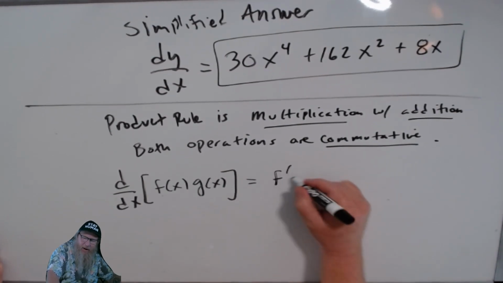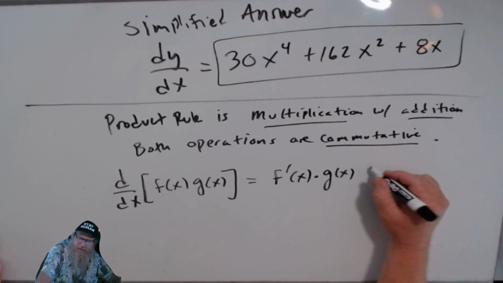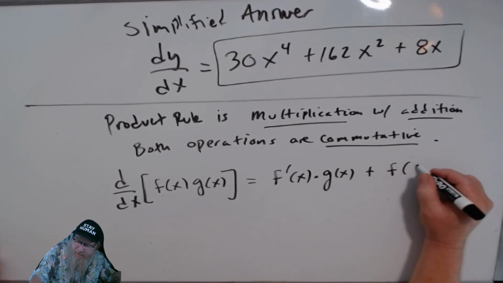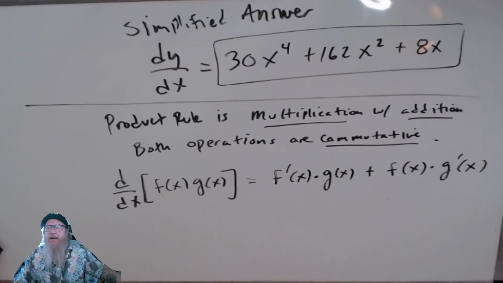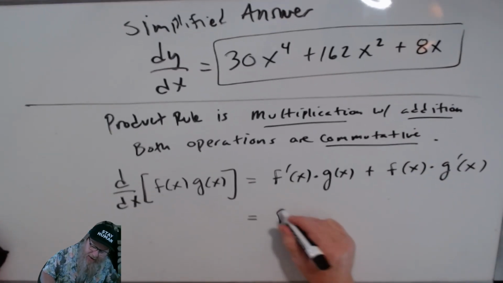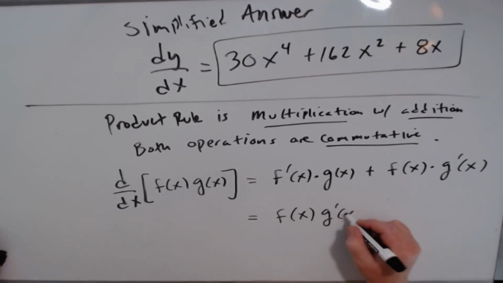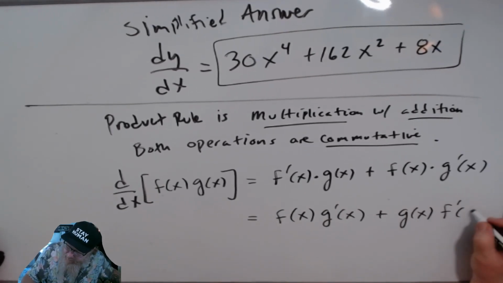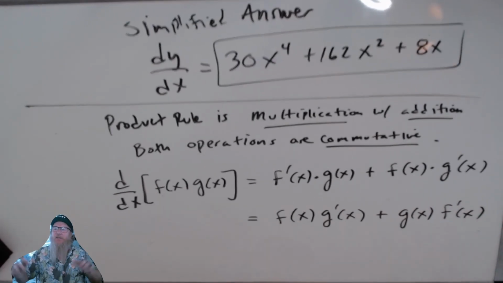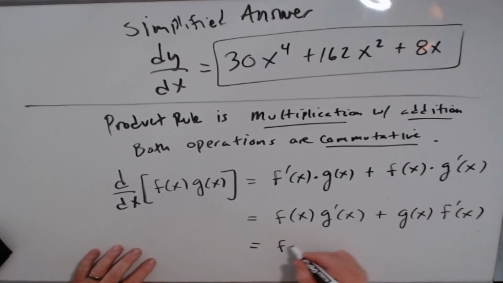So the way I memorize it is f prime times g plus f times g prime. Yeah. But this is also the same as f times g prime plus g times f prime. This is also correct. This is also correct.